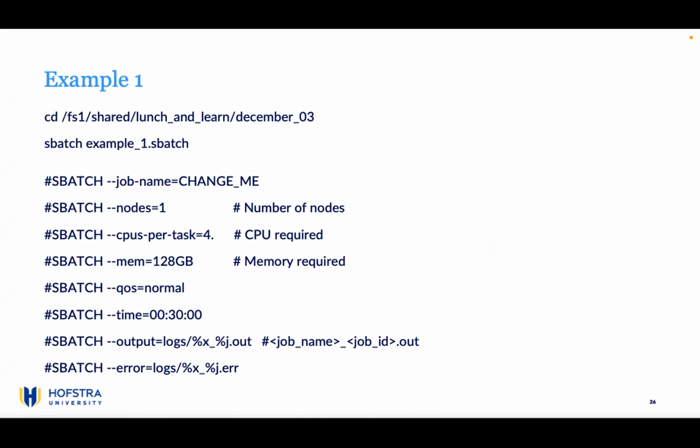And the last 2 lines are output for errors and regular output. I use internal variables like %x and %j just to store results in the format like job name underscore job ID.